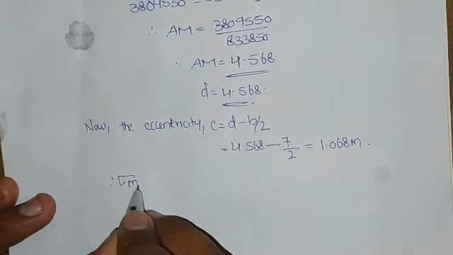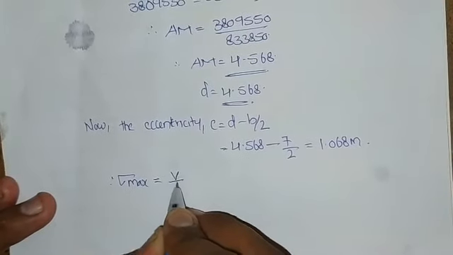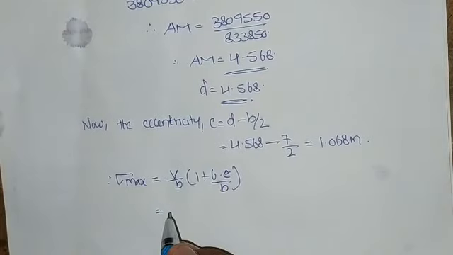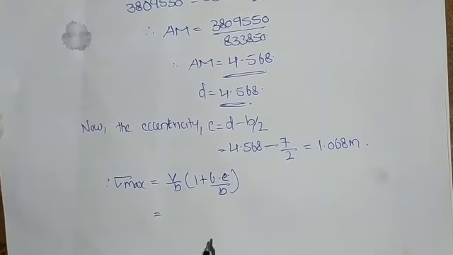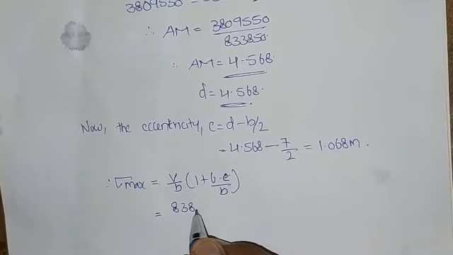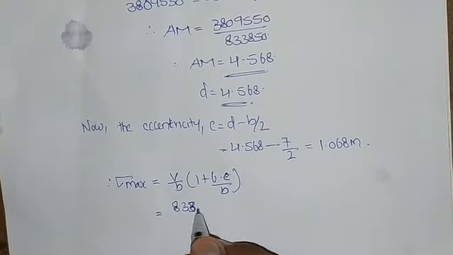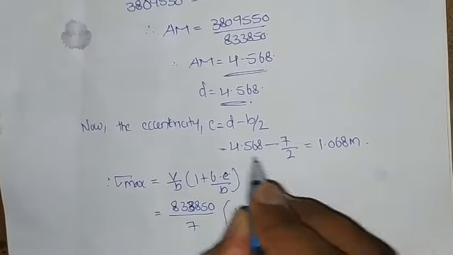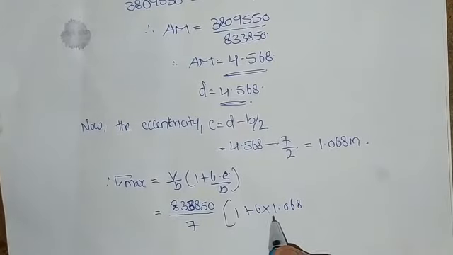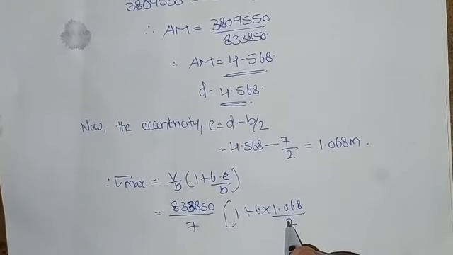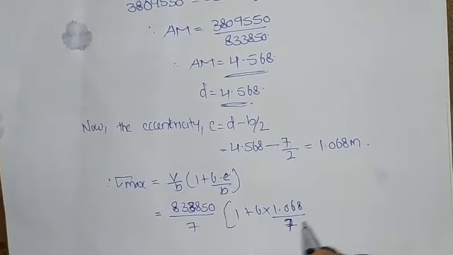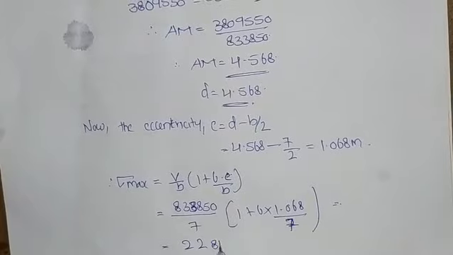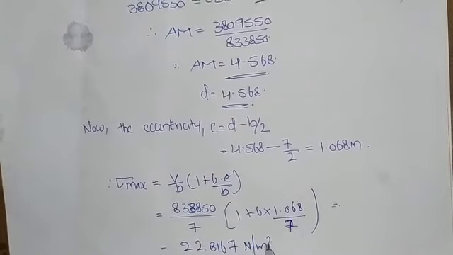The equation of sigma max is sigma max equal to V by B of 1 plus 6e by B. We know the value of V, 833,850, divided by 7 of 1 plus 6 into the value of e, 1.068, divided by the value of B, 7. Calculating, the value is 228167 newtons per meter square.